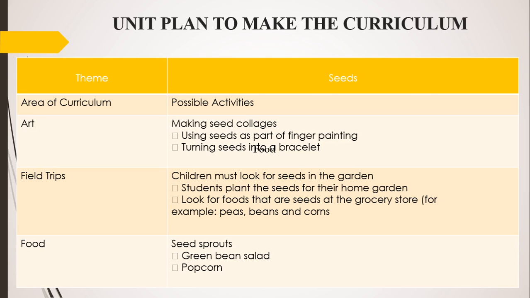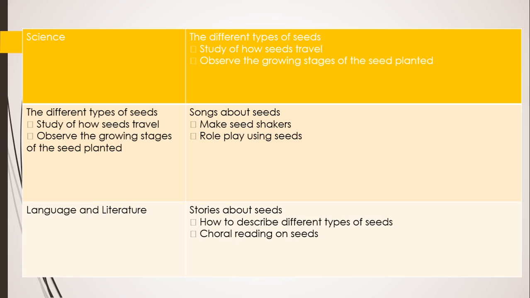Field trip: children look for seeds in the garden, plant seeds for their home garden, and look for foods that are seeds at the grocery store, for example peas, beans and corn. And food seeds: sprouts, green beans, salad, popcorn. Just spend a few seconds to read this about science.